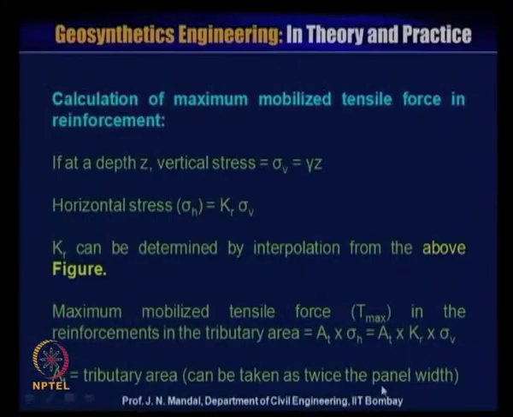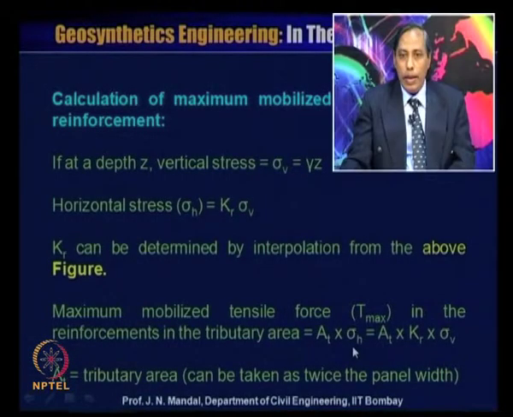If that area is A of T and this is sigma of H, then T max, the maximum mobilized tensile force in the reinforcement in the tributary area, will be equal to A T into sigma H, where sigma H is equal to Kr into sigma V. A of T is the tributary area, which can be taken as twice the panel width. From this you can calculate the maximum mobilized tensile force.